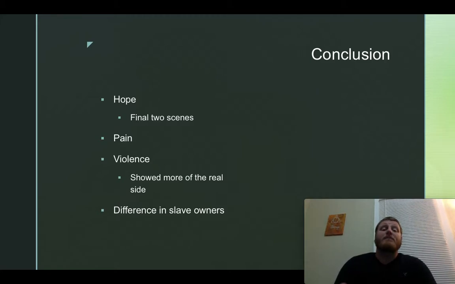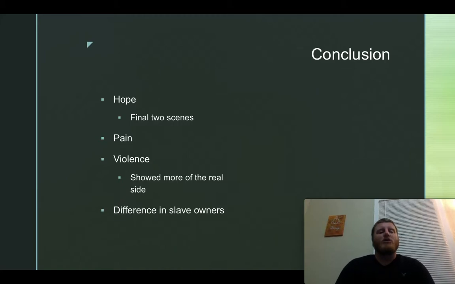And now going back to the violence of the film, I thought the film showed a lot more violence than what we had seen before, but I feel like this is more accurate in this film than in other films, because looking at history, we know that the time of slavery was a very violent time, and that some of the slave owners were very violent to their slaves.